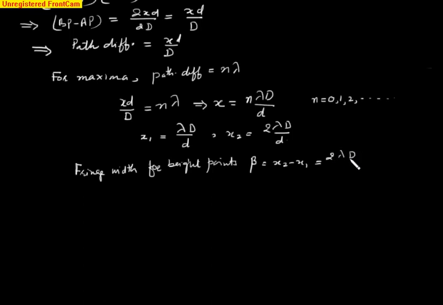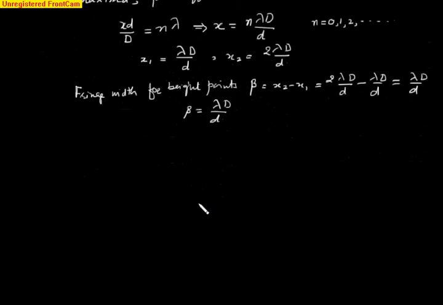That means 2 lambda D over small d minus lambda D over small d, which gives you lambda capital D over small d. So for bright fringes, the difference comes out to be lambda D over small d. Fringe width depends on wavelength, distance between sources and screen, and distance between the two slits.